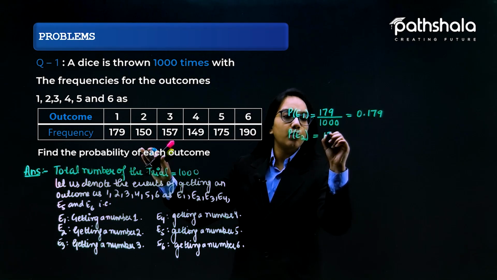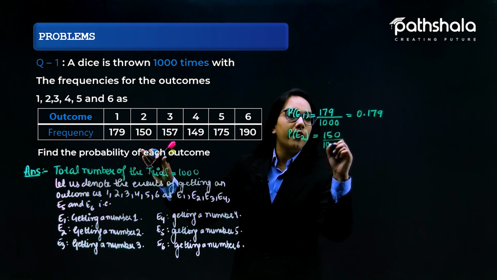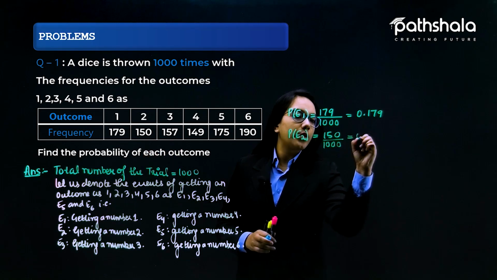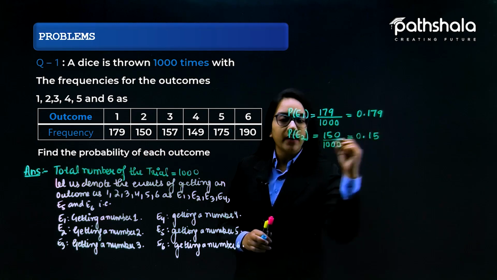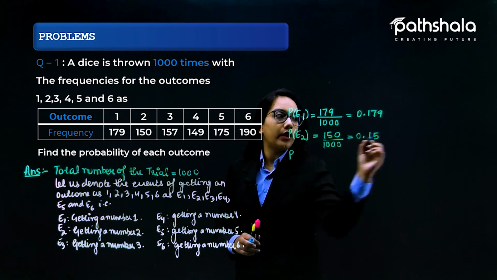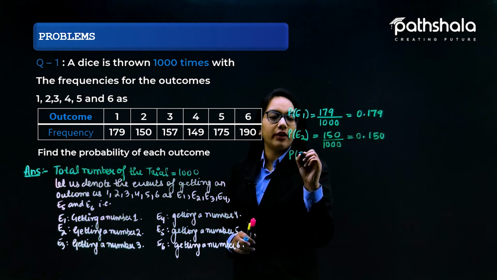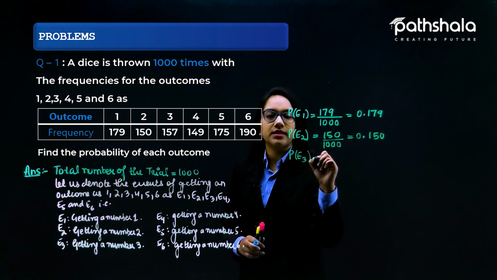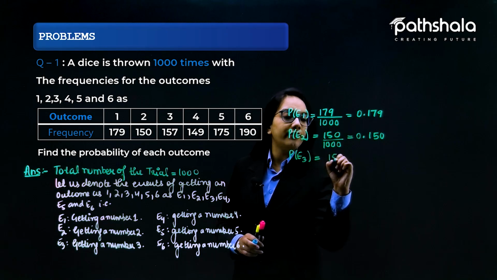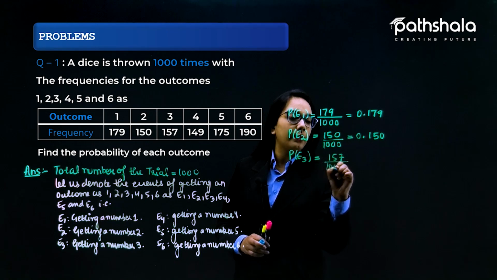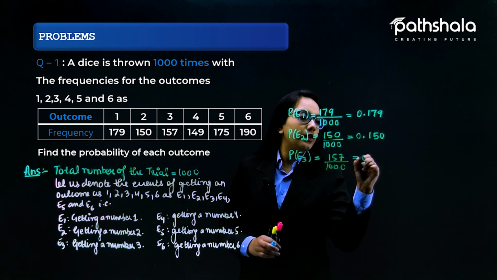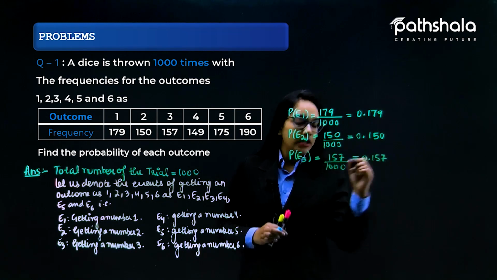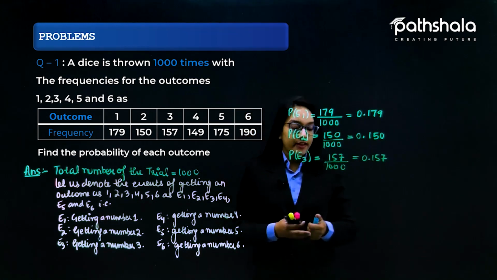This is 150 divided by 1000, which is 0.15. And the probability of E3 is 157 divided by 1000, which is 0.157.